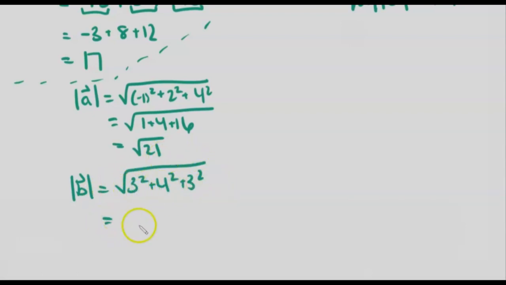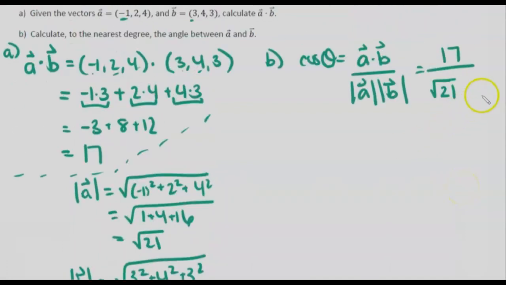We get 9 plus 16 plus 9, so we get root 34. So the magnitude of vector B, we can then substitute in right here. Then we'll work down our page. I just wanted to show you what we had so far and then what we needed.